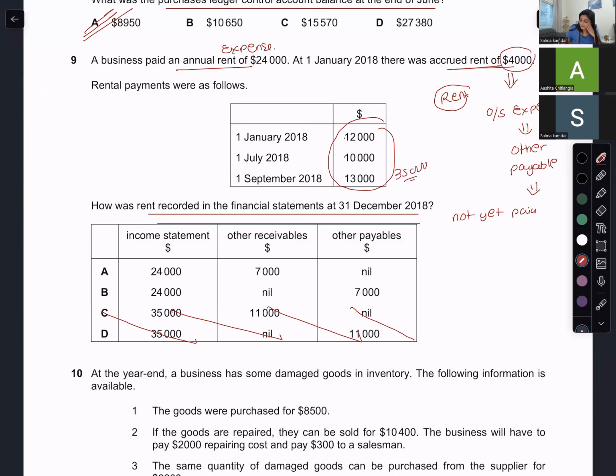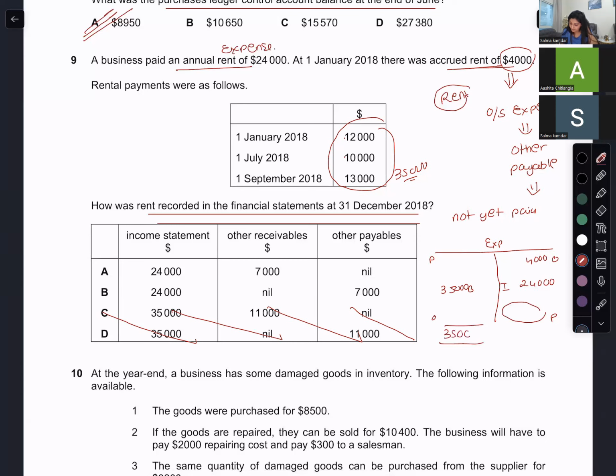Do you know the format of the expense account? Yes, what is it? P, P, O, B. The amount due is 24,000, B is 35,000. Opening outstanding is 4,000. So you will have closing what? Prepaid.